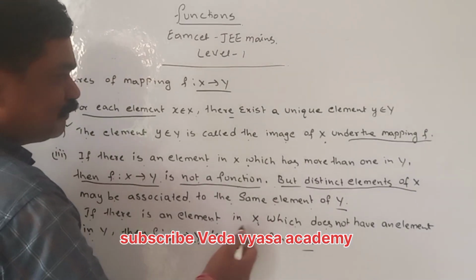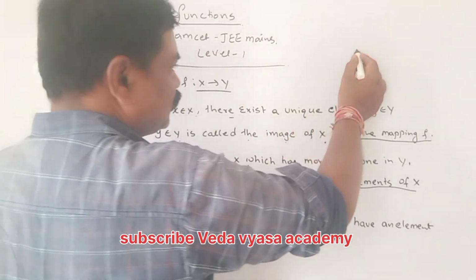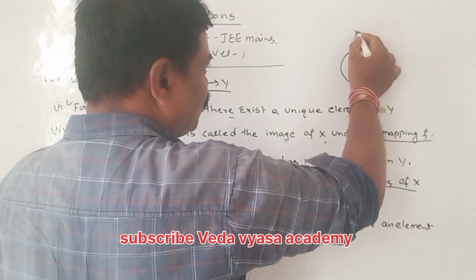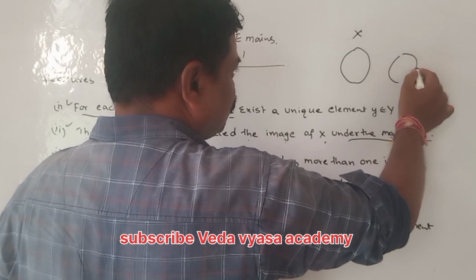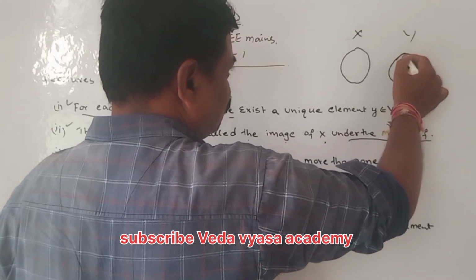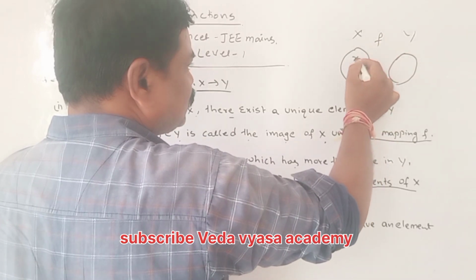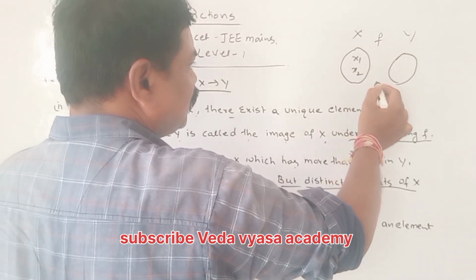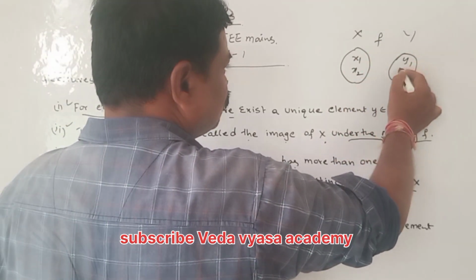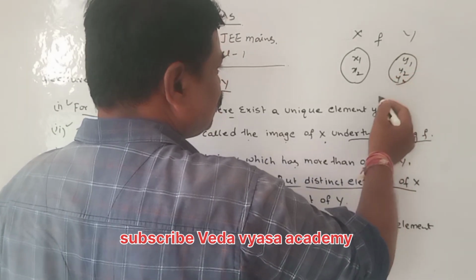Suppose you take this as set X, this as set Y. This is x1, x2 and y1, y2, y3.